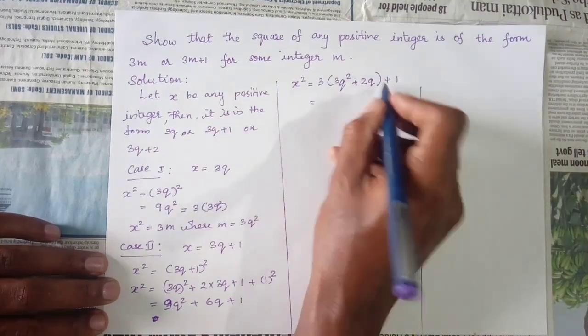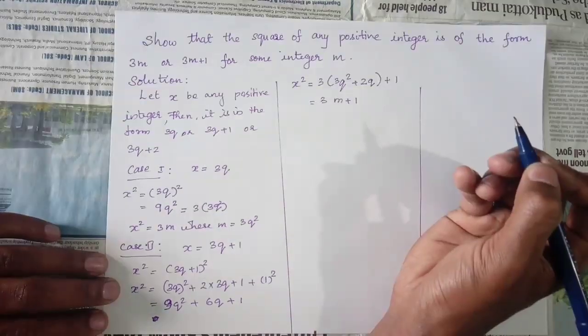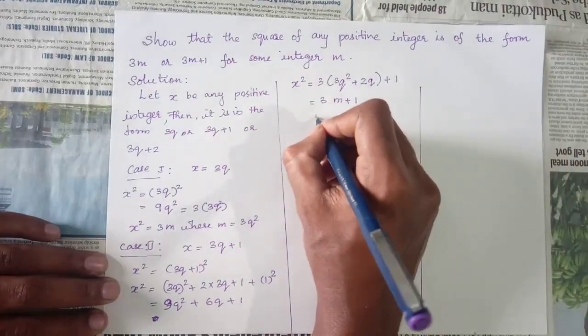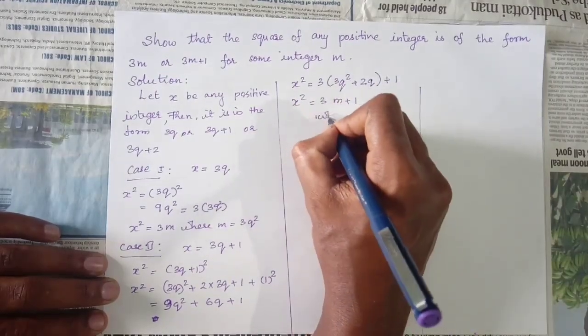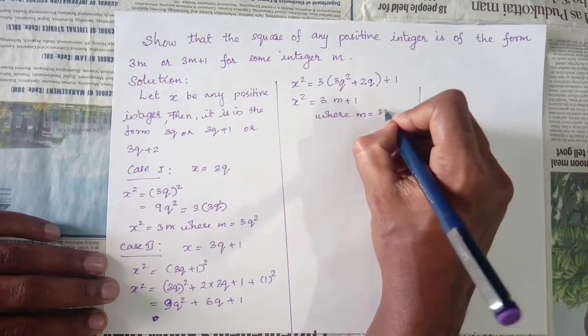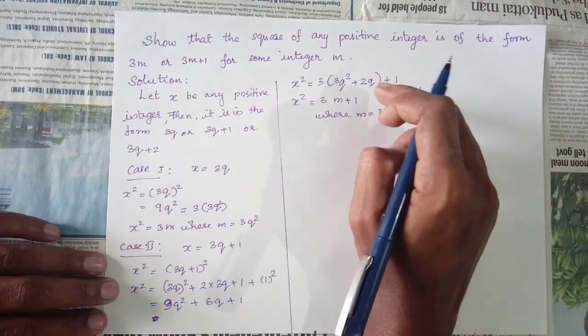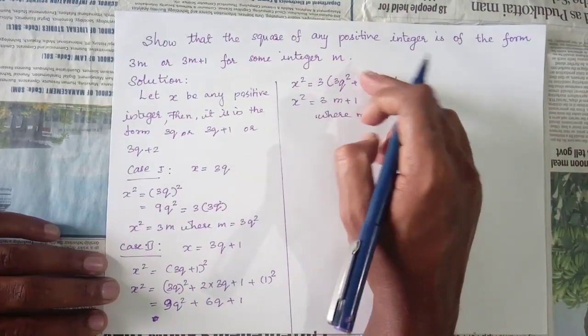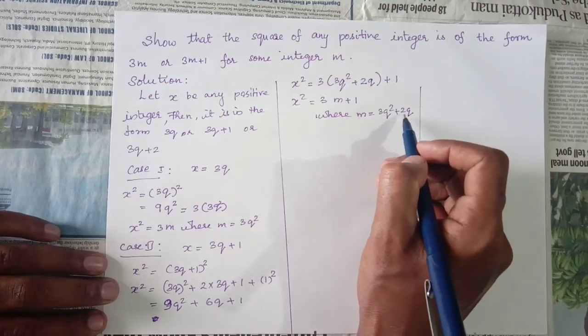So we can substitute m and write x square is equal to 3m plus 1, where m is equal to 3q square plus 2q. This is one integer actually, and that integer we are substituting as m.